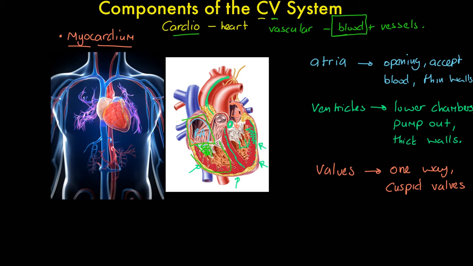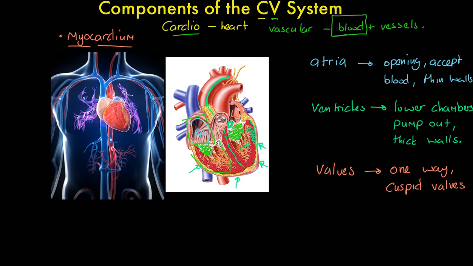On the right-hand side of the heart, this is the tricuspid valve, and on the left-hand side, we've got the bicuspid valve. So these valves, and you see another one here, operate between the atria and the ventricles, so that blood can only flow downwards into the ventricles, not back into the atria.